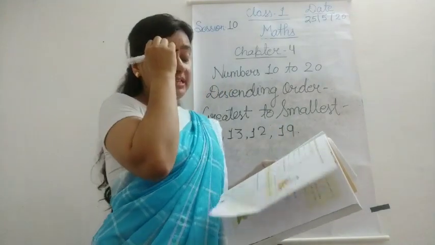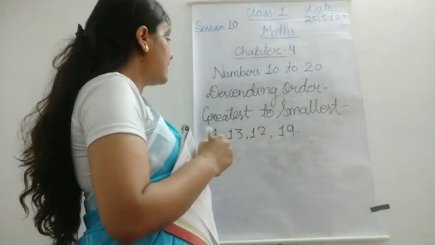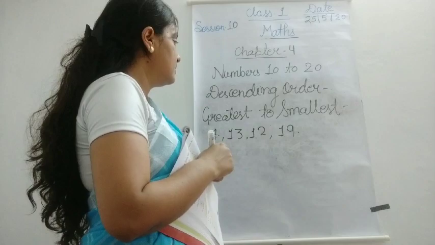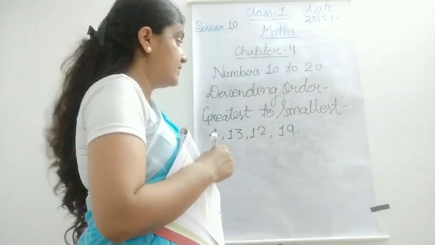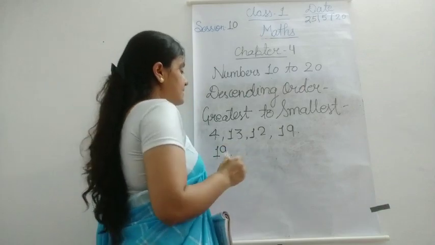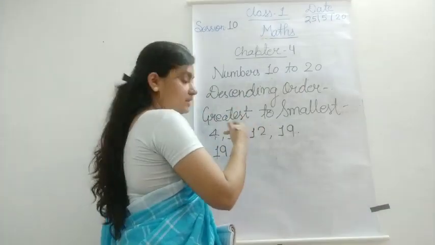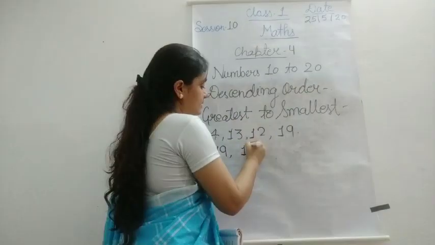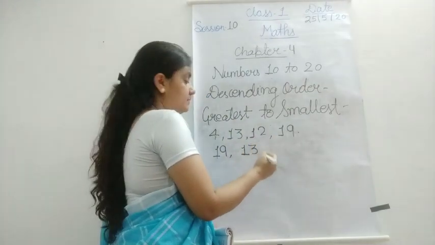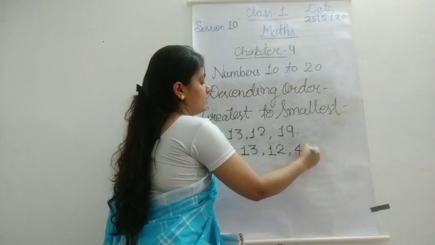So, which one is greatest here? Here 19 is greatest. Who is a little bit smaller than 19 among these numbers? Here 13. Then 12 and then 4.